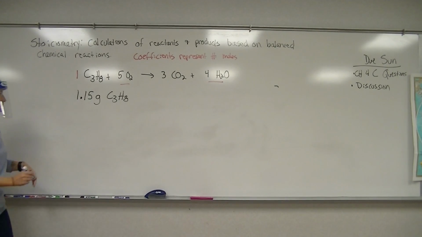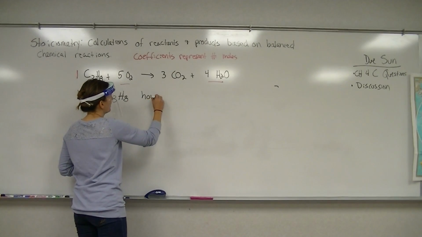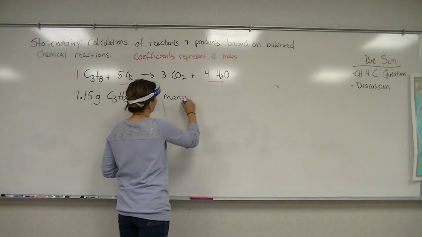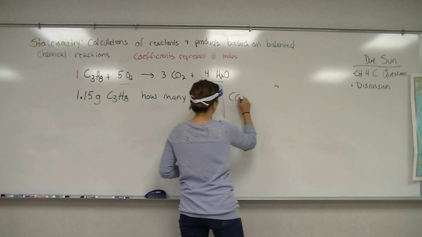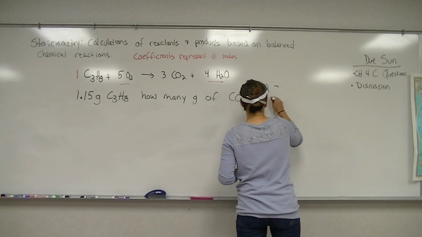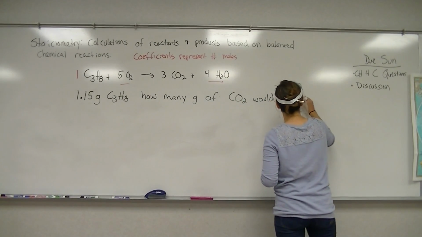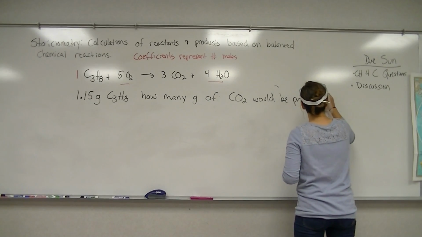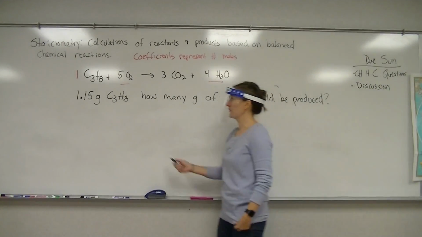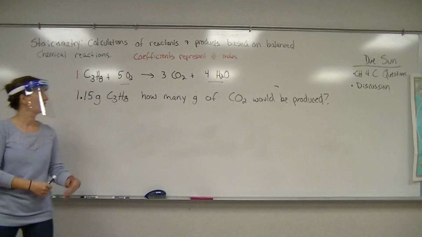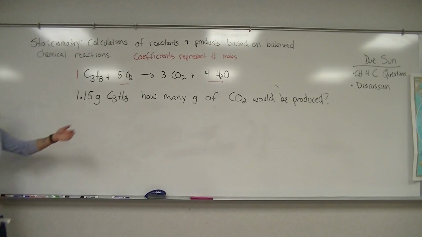And I want to know how many grams of CO2 would be produced. So that's how much reactant I started with. How much CO2 would be produced. It's one of the products.